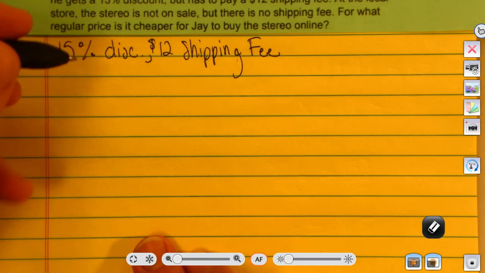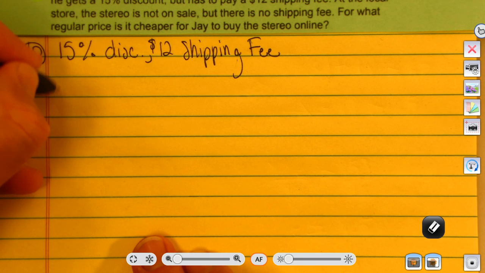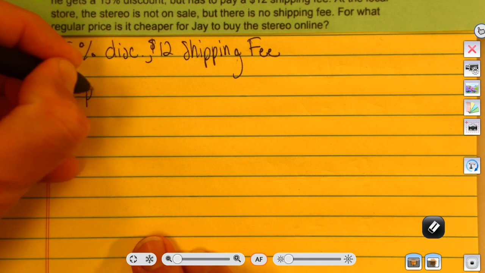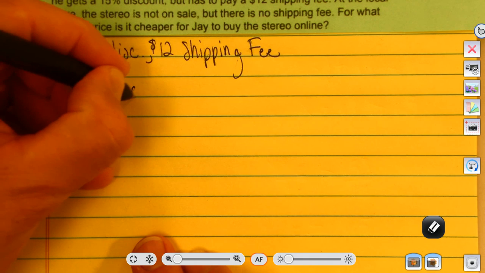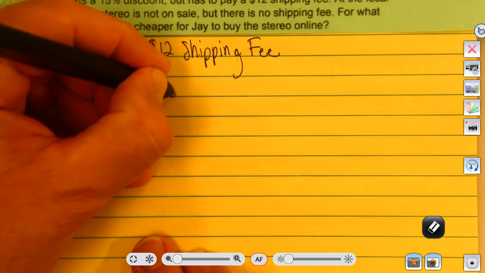Well, first of all, we need a variable. And we'll just say let P equal the price of the stereo.